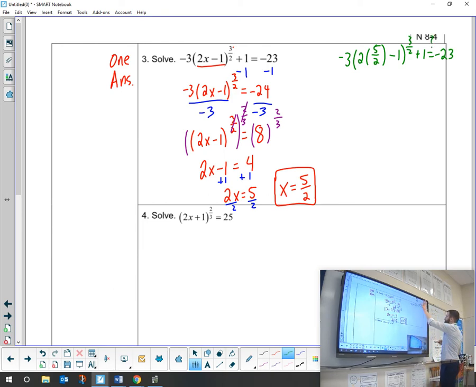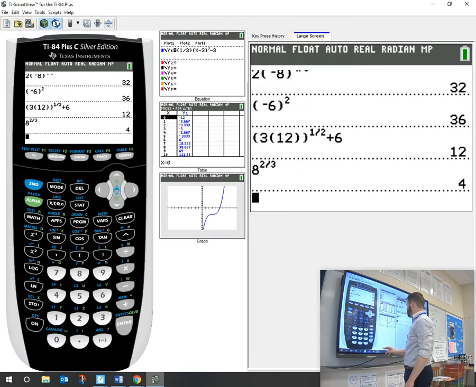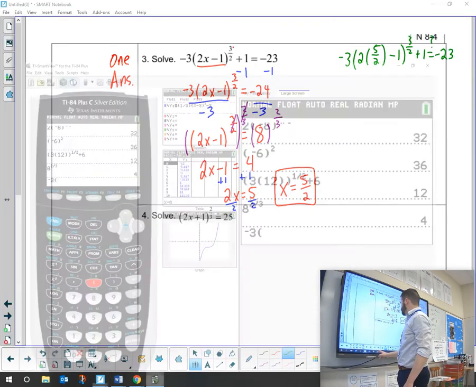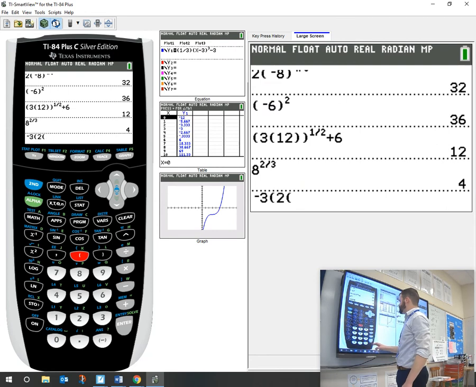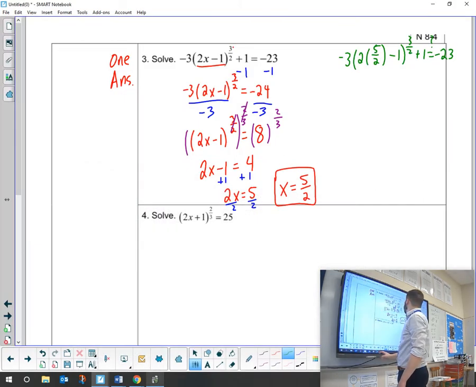So we're going to take this whole side, we're going to plug that into my calculator. So here's my calculator. We're going to go -3 times 2 times 5 divided by 2 minus 1. And the last step is we're raising it to the power of 3/2, plus 1.